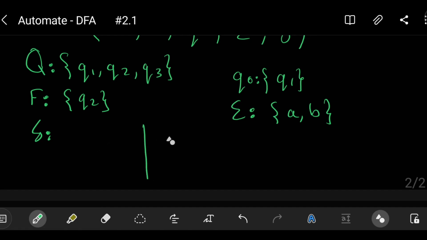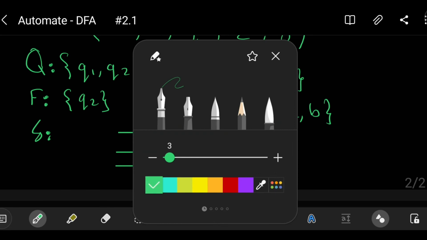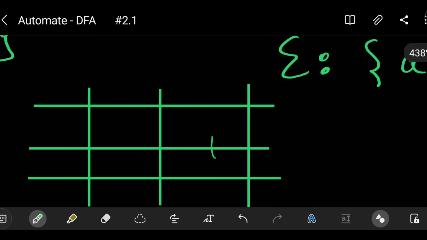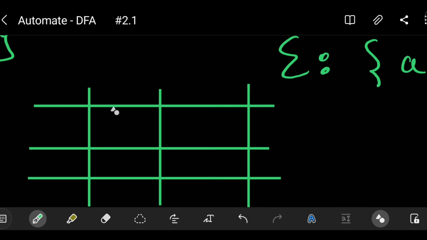So as I told you, we need to make this famous table. On the top, we need to put the inputs, and on the left side, in the column, we need to put the states. So let me make it here.